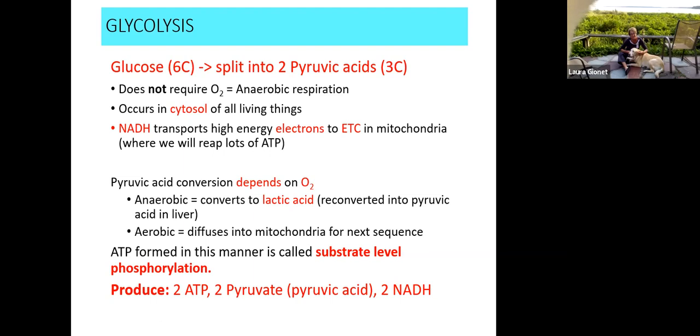And that gets reconverted to pyruvic acid in the liver, and ultimately can be used for energy. So even though the reactions within glycolysis themselves don't require oxygen, at the end, you need to have some oxygen. If you don't have it, it gets converted to lactic acid.